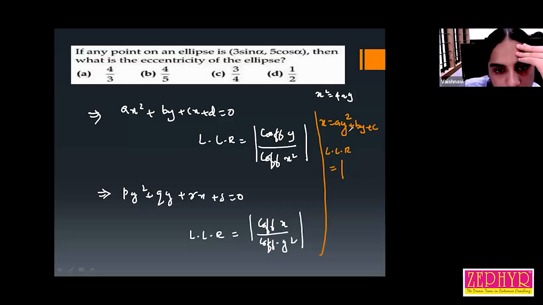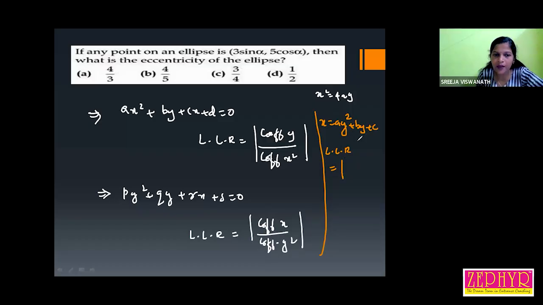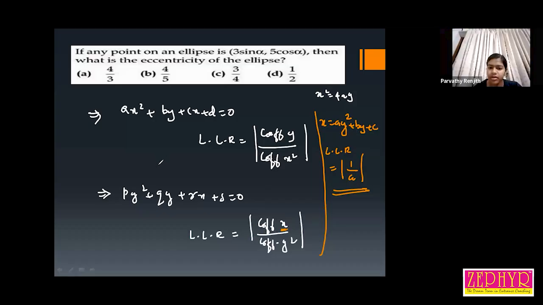Here the second degree term is ay square. The linear term is the coefficient of x. Here what is the coefficient of x? 1. The coefficient of y square is a. So it is 1 by a. Formula: coefficient of x by coefficient of y square.